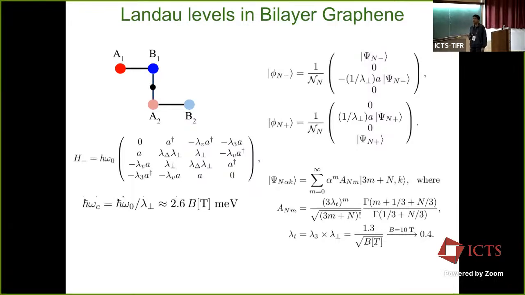So you have this 4-site unit cell. One can write some tight binding Hamiltonian and go to the Landau basis and calculate the Landau levels.